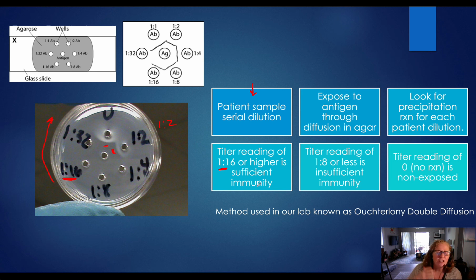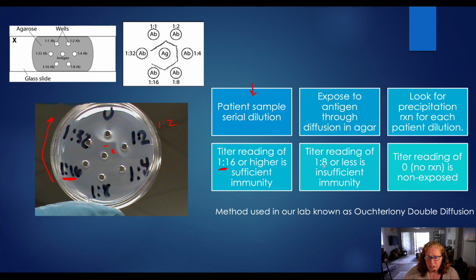If my patient has enough antibodies in 1/16 the dilution of an undiluted titer, then my patient definitely has enough antibodies to be immune to that particular disease. They have enough antibodies that if they were going to come into contact with that antigen, they would be able to destroy it before it could ever take hold and cause disease.